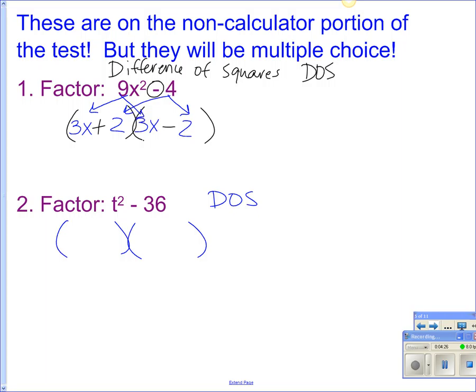So let me do popsicle stick. Chad, what are my signs going to be? Good. A plus and a minus. Because you have a minus, that means they're going to be different. Different signs. Okay. And then we're going to split. Dylan, how does t squared split?